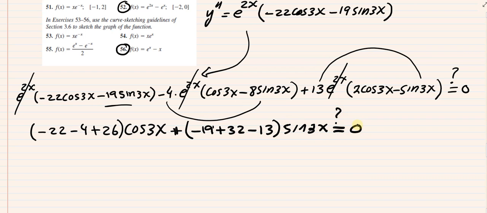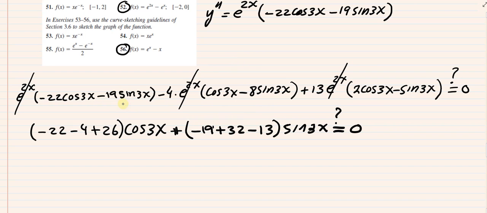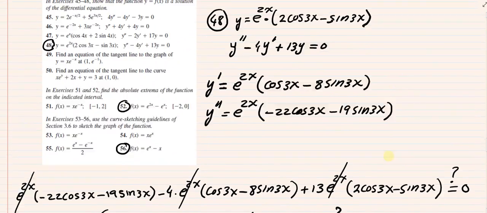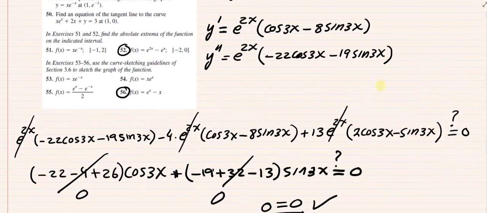And let's see, what will that give me? That's going to make this, of course, 0. And this is 0. So we get 0 equals 0. That's how you verify it. Of course, the key is how do they find this solution? And that's what we learn in a differential equation class.